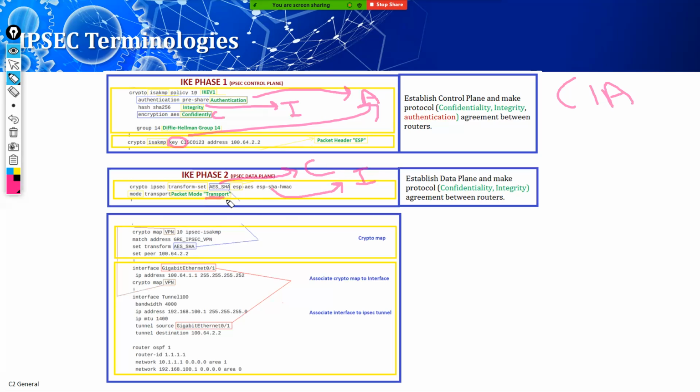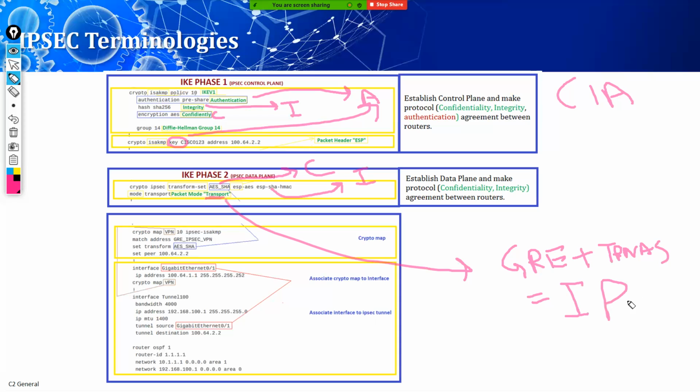Why are we using transport mode? As we said earlier, GRE plus transport mode is equal to IPsec. So to use IPsec on a GRE tunnel, the mode should be transport mode.